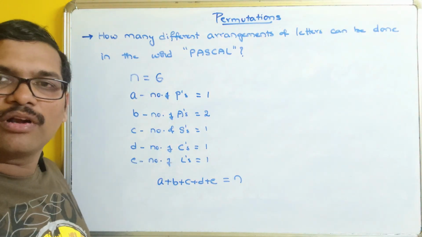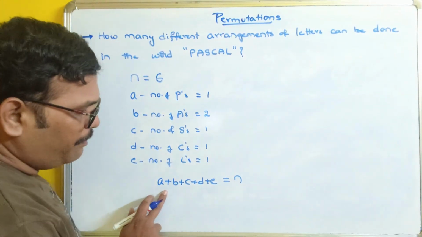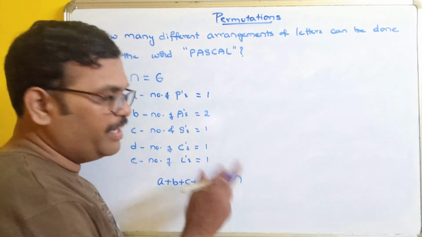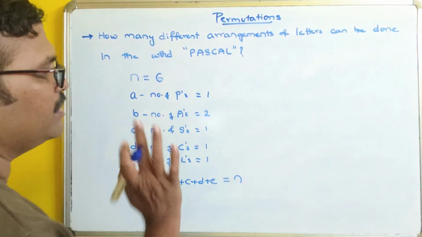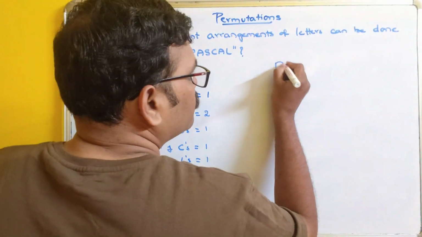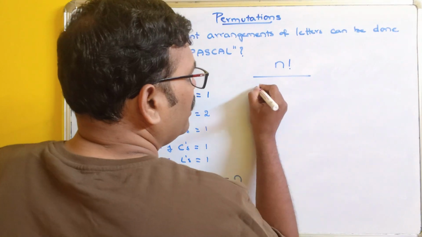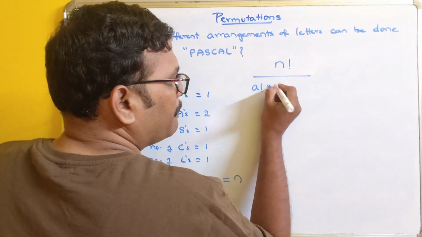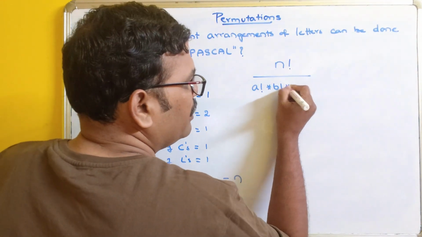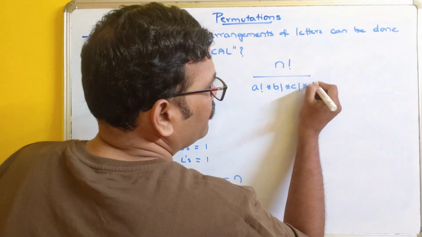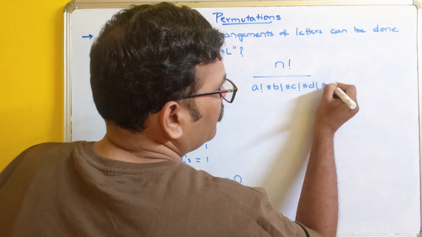So we got 6, right? Now what is the formula here? n factorial divided by the product of the factorials of each letter's count.